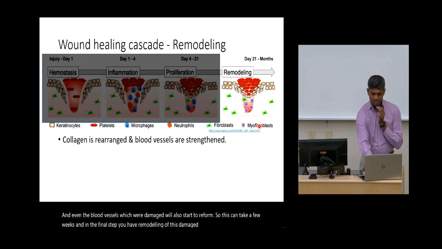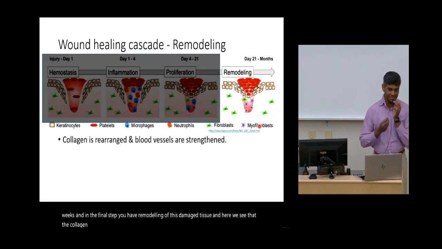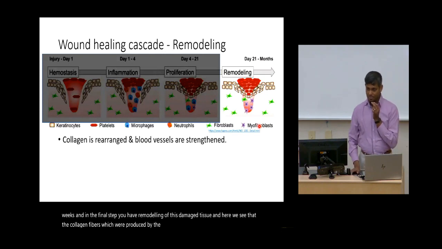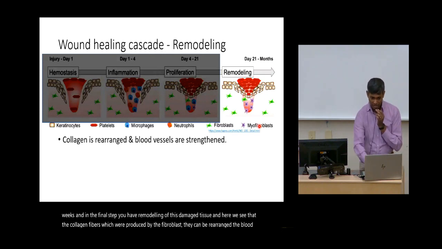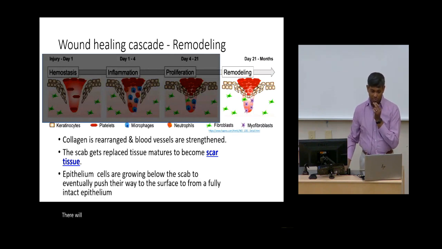Here we see that the collagen fibers which were produced by the fibroblasts can be rearranged, the blood vessels can be further strengthened, and any of this scab tissue is going to be pushed out because there will be fibrous tissue which forms there.